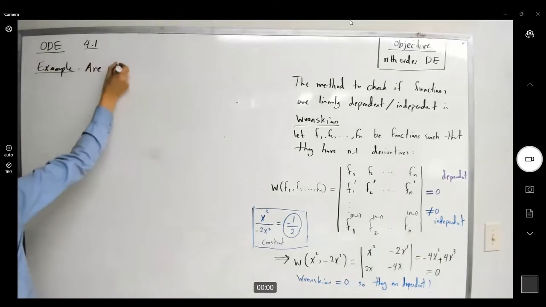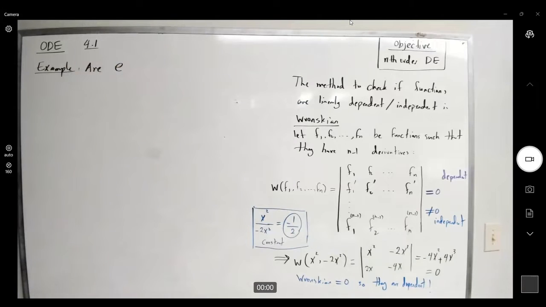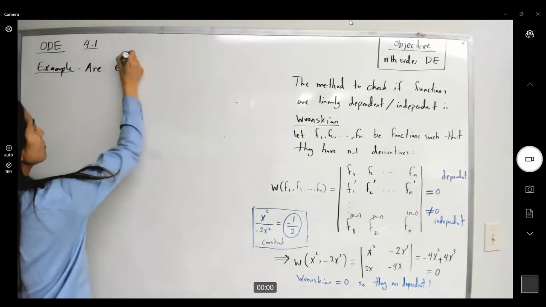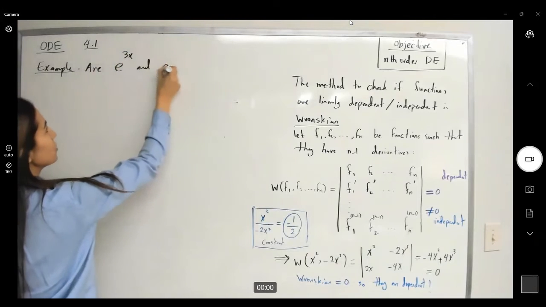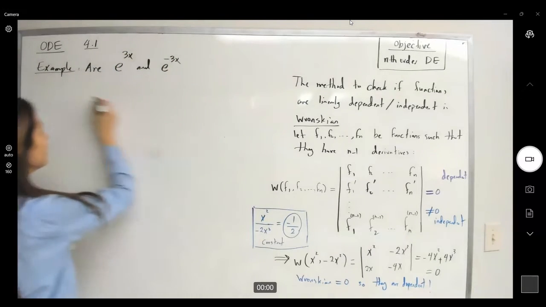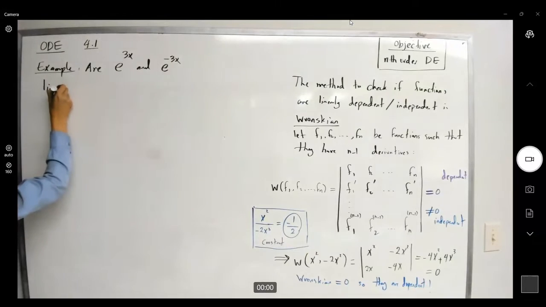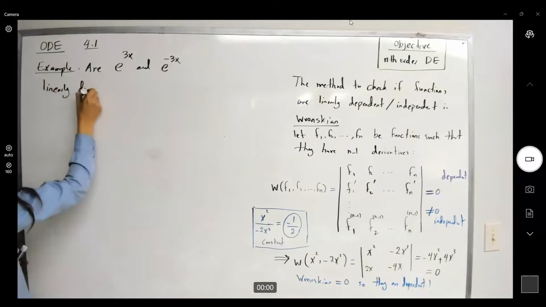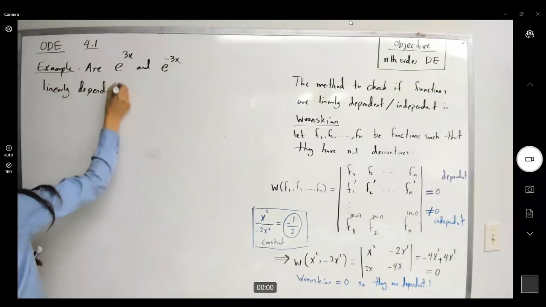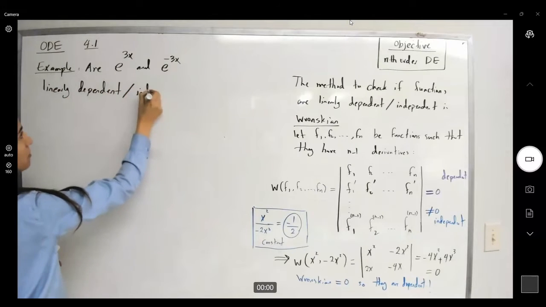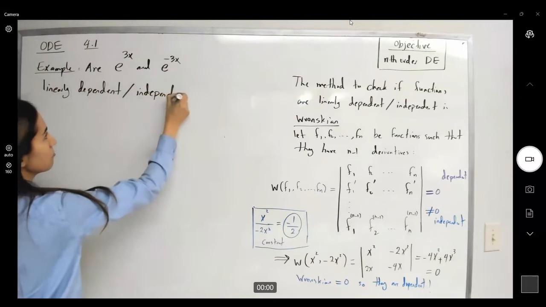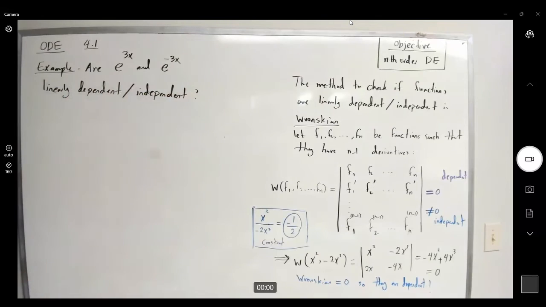Are e to 3x and e to negative 3x linearly dependent or independent?